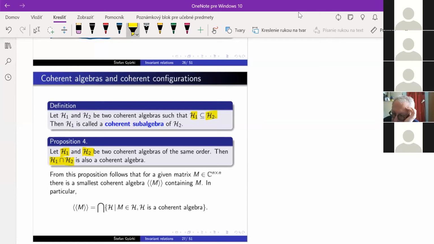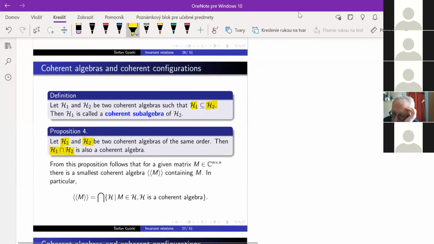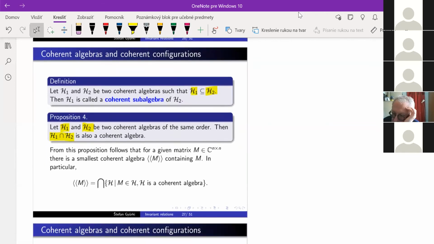But we will go in this direction in 2 weeks. The most important thing in the next lecture will be the smallest coherent algebra which contains a chosen matrix.